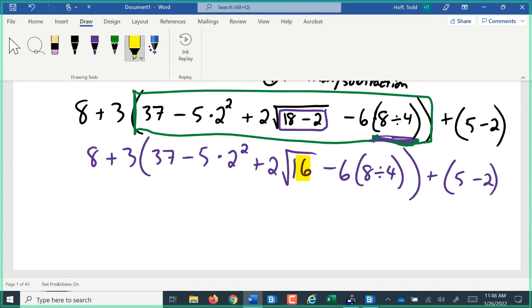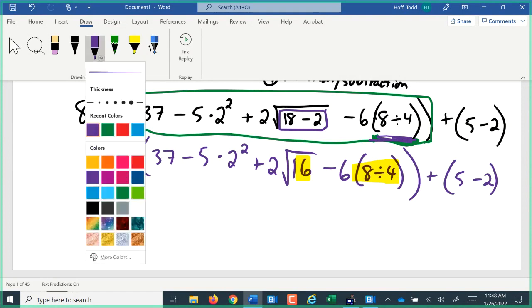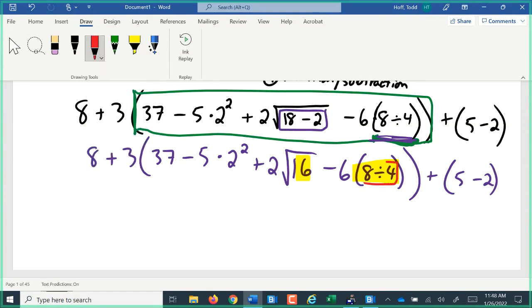I might be able to get rid of that enclosing symbol. I look outside of it, and I see that there are still things of higher priority, other enclosing symbols to do. Here, in other words. There, inside that enclosing symbol, I have 8 divided by 4, which is 2.